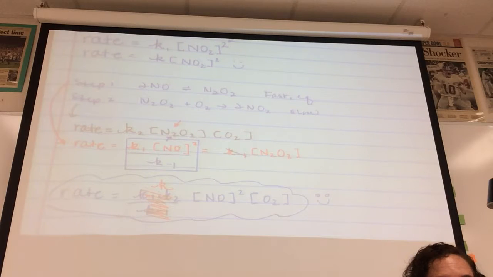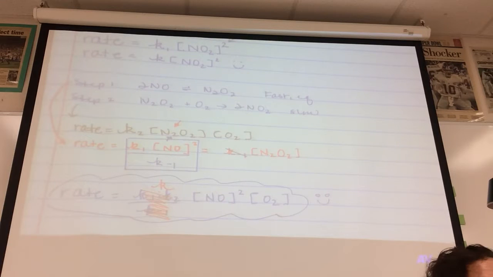So if you have a fast equilibrium step and then a slow step, write it from the slow step still, but it's probably going to involve some substitution. You know you'll have to substitute in if you have a reaction intermediate in your rate law, and you've got fast equilibrium followed by slow. And that's how you work it.